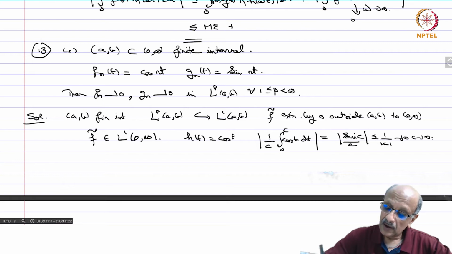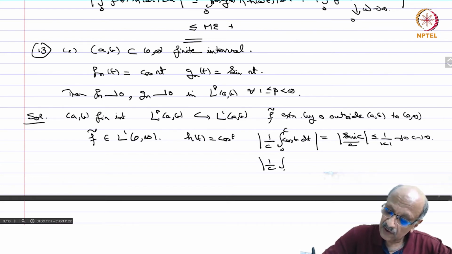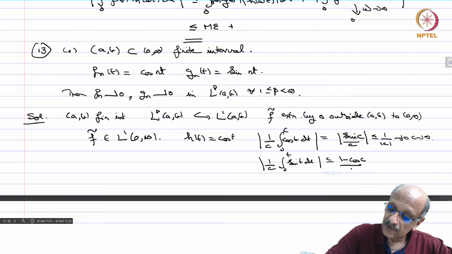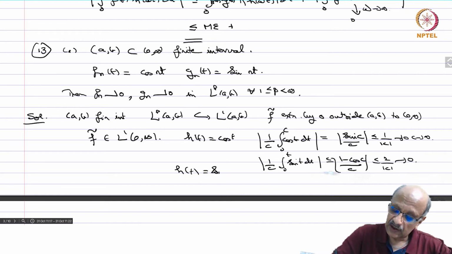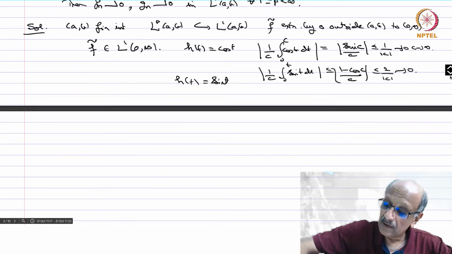Similarly, 1 by c times the integral from 0 to c of sin t dt is nothing but 1 minus cos c by c, which is less than or equal to 2 by mod c, and again that tends to 0. So h equals sin t and h equals cos t satisfy the properties of the function h given in the previous exercise.